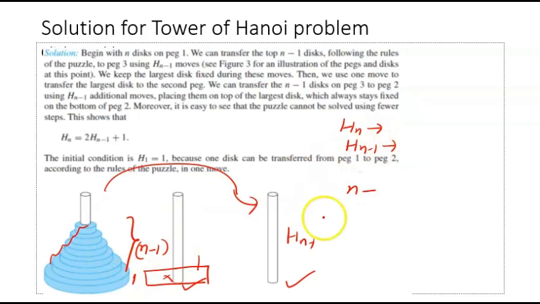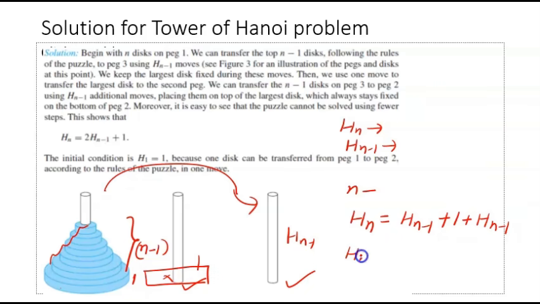So the total number of steps is Hn equal to Hn minus 1 steps that I have taken to move the top n minus 1 disks, plus the 1 step that I have taken to move the largest disk from here to here, plus another Hn minus 1 steps to move the n minus 1 disks back over the largest disk.